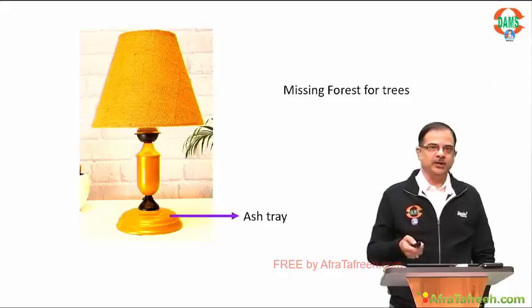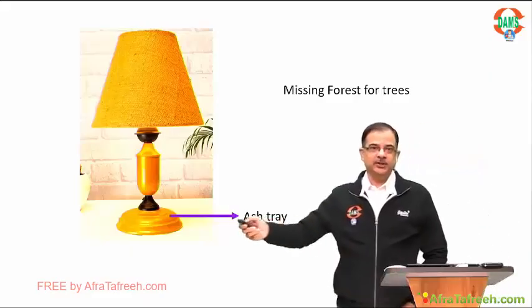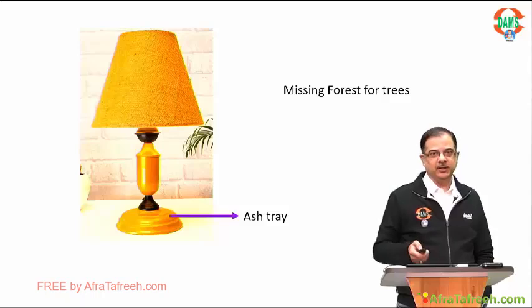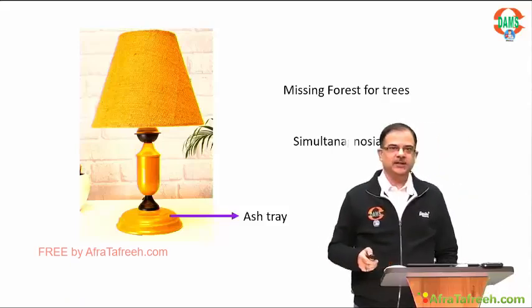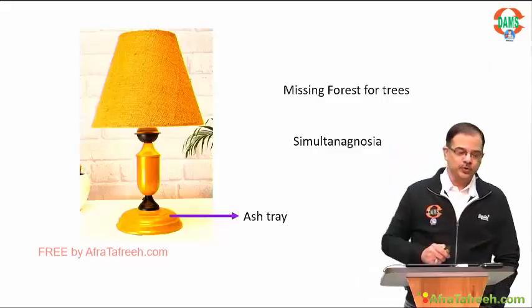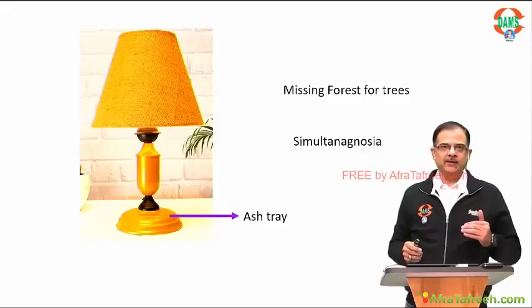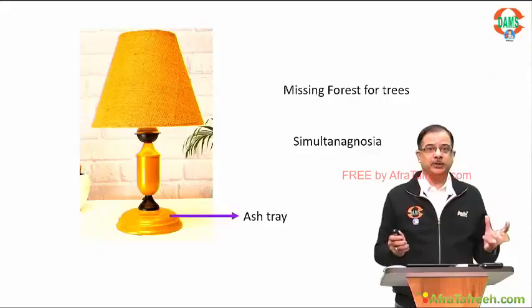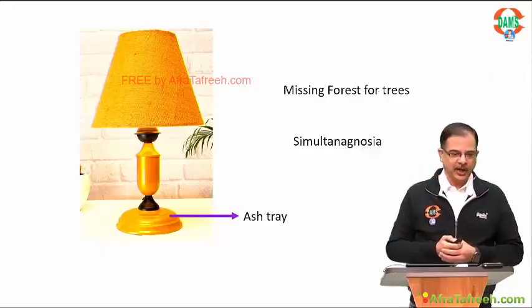The patient is missing the forest for the trees, just looking at one particular part of the object and giving wrong answers. Yes, very good. This is a case of simultagnosia. Therefore in medicine you have to remove that simultagnosia. Look at the complete picture, take only minimal information and make your diagnosis.